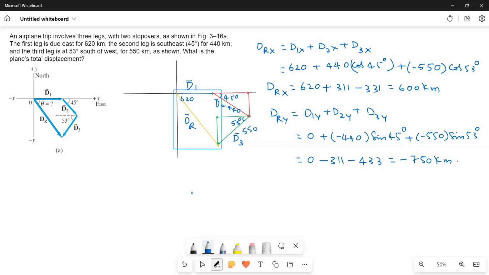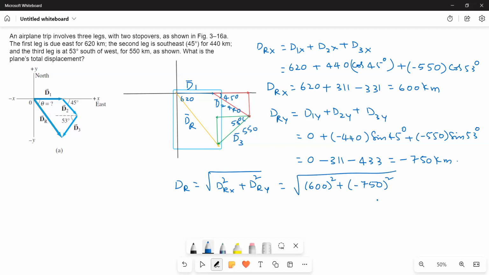And now we have to find out the dr. Therefore, dr is equal to the square root of drx square plus dry square. Okay, so we will write, this is 600 square plus negative 750 square. So what is the value of this one? We will get 960 kilometers.